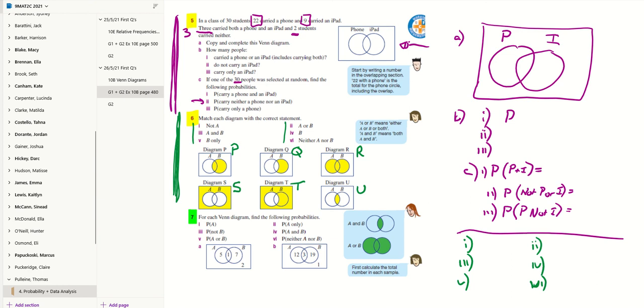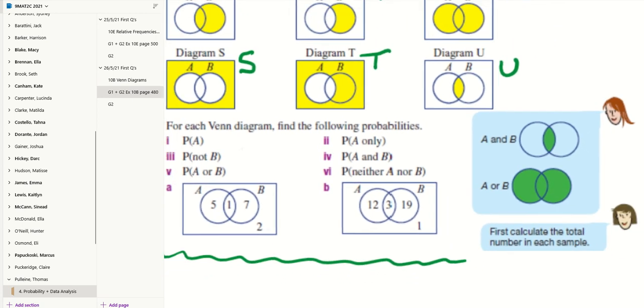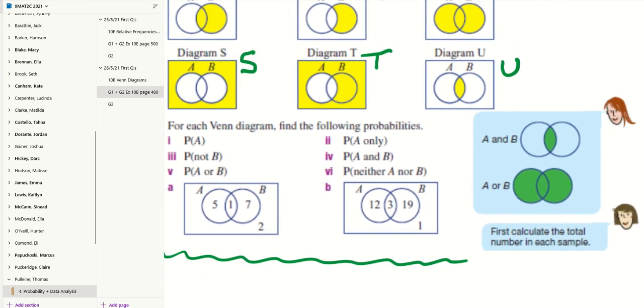Okay, so in this next one down here, which I'm going to leave you for homework, we've got 2 Venn diagrams, A and B, and what you will need to do is find probabilities. All these things are probabilities. You might be able to have a go if you're looking at this in class, otherwise wait till you get home. Here is your Venn diagram.